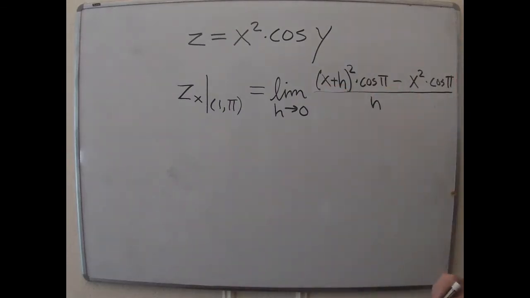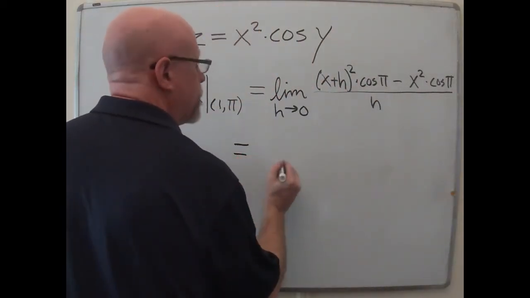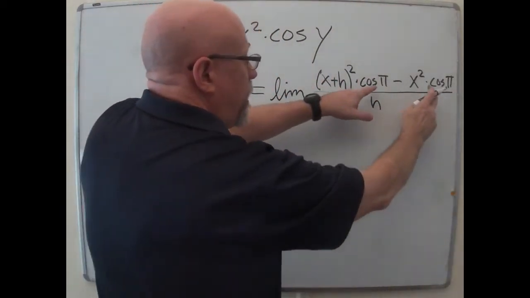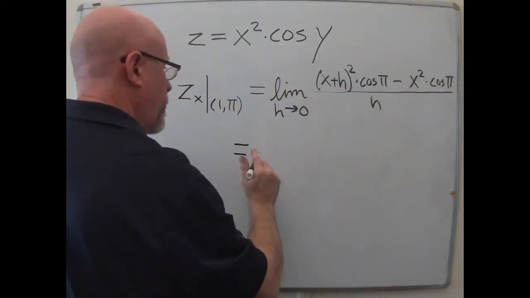That's what that limit we just wrote says if you substitute in the particular function we're dealing with. But look, cosine of pi is always just the number -1. So if there's a -1 in both terms, I could factor that out, and it's a constant. I can pull it right out of the limit.